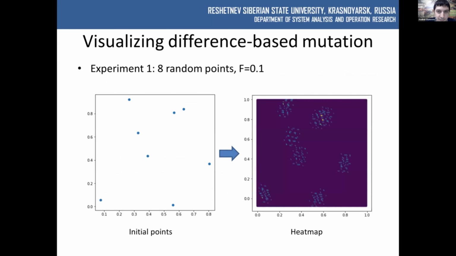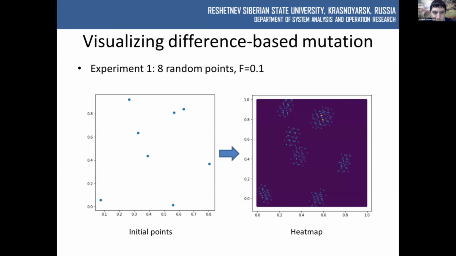So nothing interesting here. But if we set F to 0.1, this is what we get. We have like a little cloud around each point. And if you look closely, the shape of this cloud actually copies the shape of the positions of the original points, in some sense, but every point has a different cloud around it.